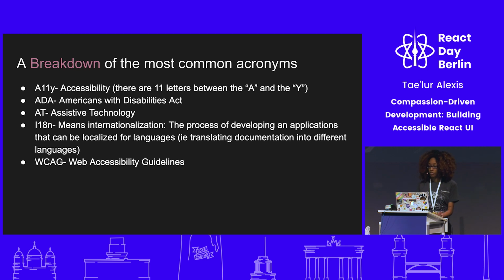Here's a breakdown of the most common acronyms first, just in case for anyone who may not be aware. A11Y stands for accessibility. There's 11 letters between the A and the Y. ADA stands for the Americans with Disabilities Act. These are some acronyms and concepts to keep in mind when you are going deeper into accessibility, especially if you are developing for government applications, which have stricter guidelines and standards to meet, as opposed to regular private businesses.